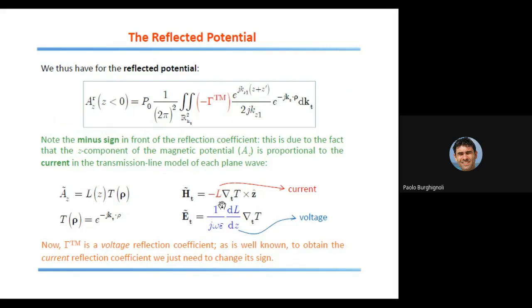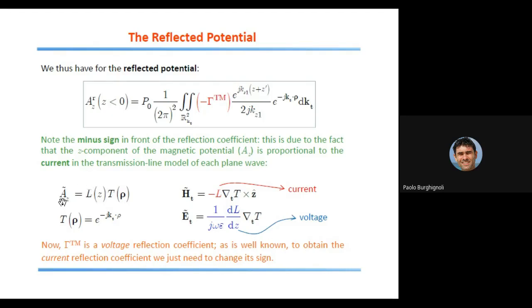And also the fields will have a factorized form in which you can see the z dependence is given by minus L for the magnetic field, and by this blue term, 1 over j omega epsilon times the derivative of L with respect to z for the transverse electric field. The latter is the equivalent voltage, whereas minus L is the equivalent current. And as you can see, L is what occurs inside AZ.